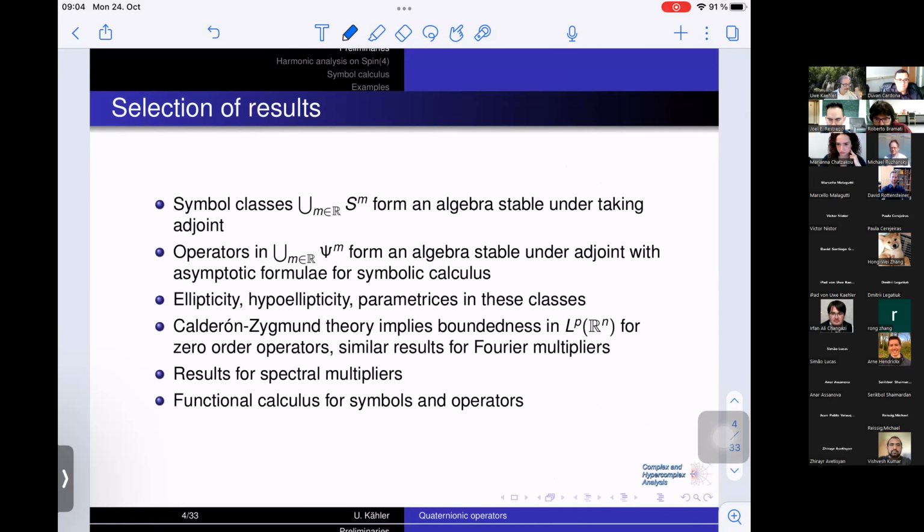We will later on come back to that. In this talk, I will in the end mainly focus on hypoellipticity, ellipticity and parametrices for that part. But of course, one can also do all the other things quite easily afterwards if the basics are established.